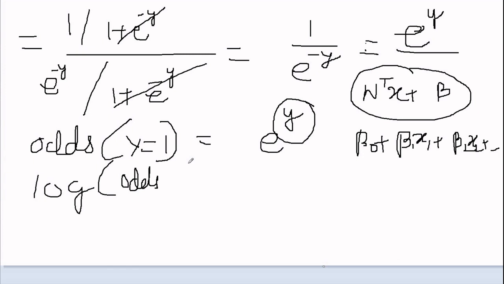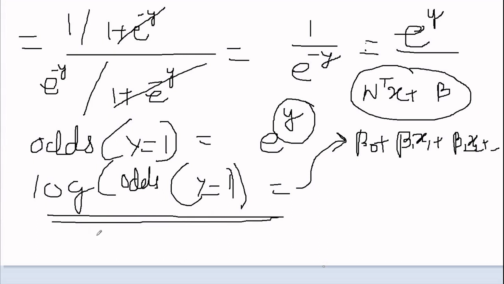So log of odds of y is equal to this equation. Yeah, so here the key ingredients are the logistic response and the logit, right, in which we map this probability, which is on a 0 to 1 scale, to a more expansive scale suitable for linear modeling, right? So that's what logistic regression is.